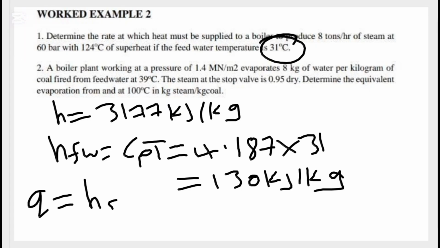And the heat that is added per kg of steam, which is Q, will be the heat of the superheated steam subtracted by the enthalpy of feed water.